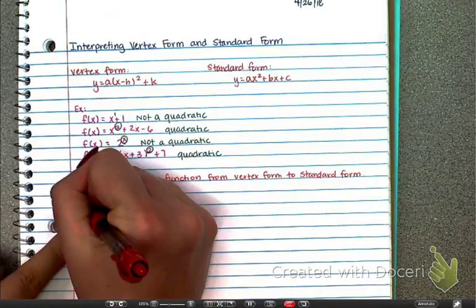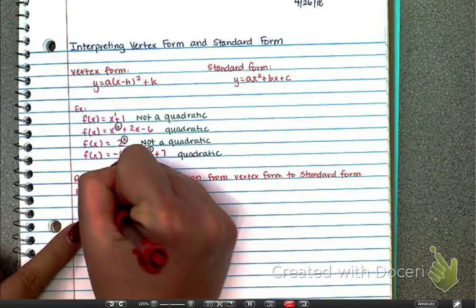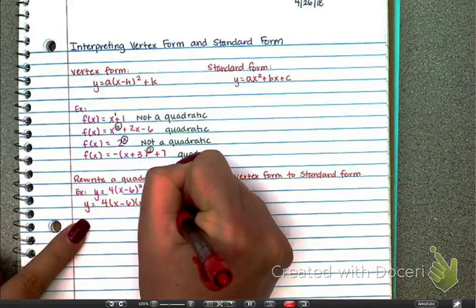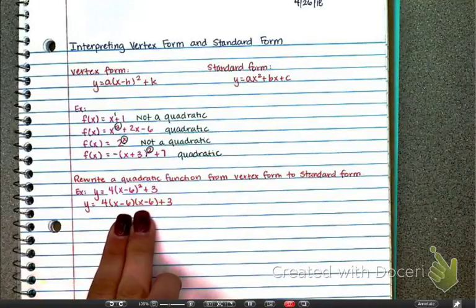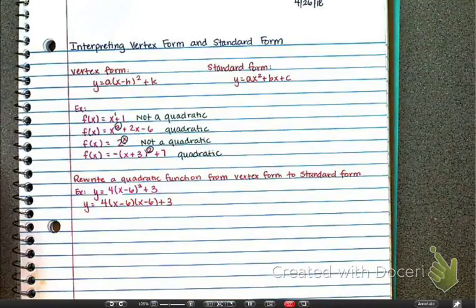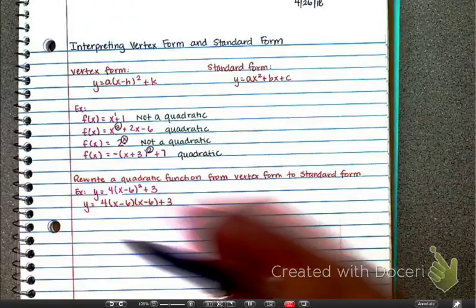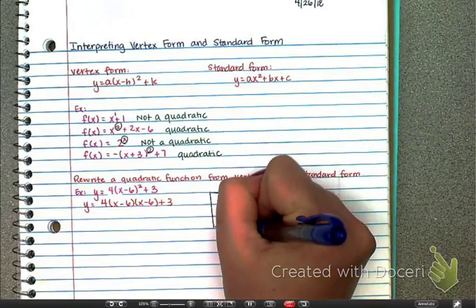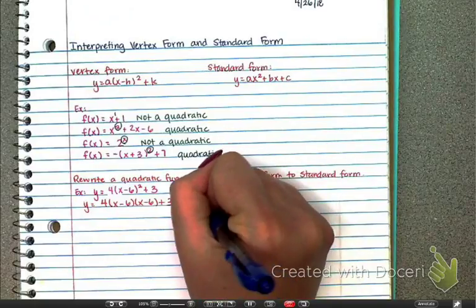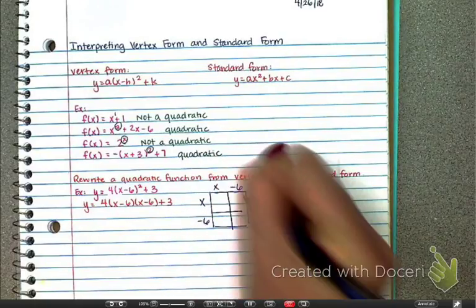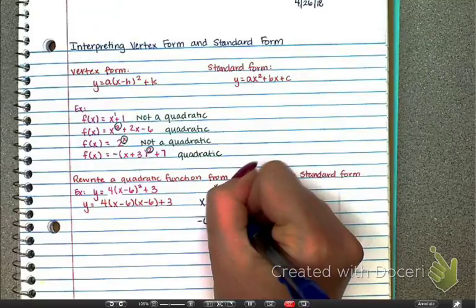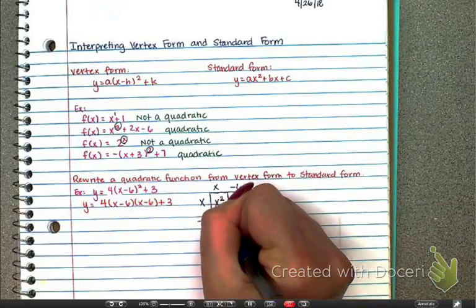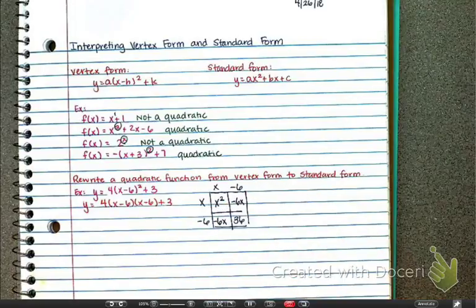So really I could write this as 4 times x minus 6 times x minus 6 plus 3. But I'm going to box or FOIL that first. Most of us prefer the box, so that's what I'm going to use. Okay, so if I box that, I get x minus 6 and x minus 6. So inside my box, x squared minus 6x minus 6x plus 36.